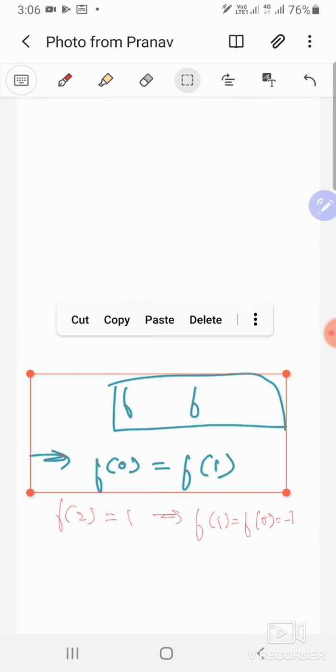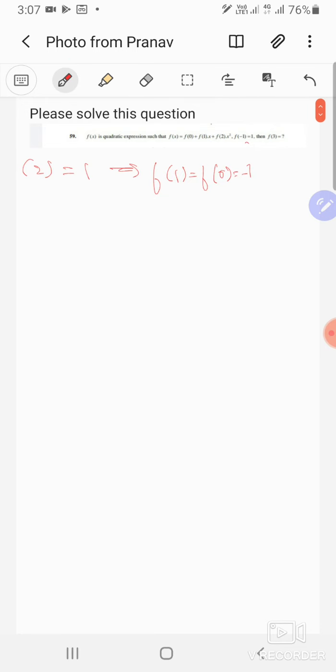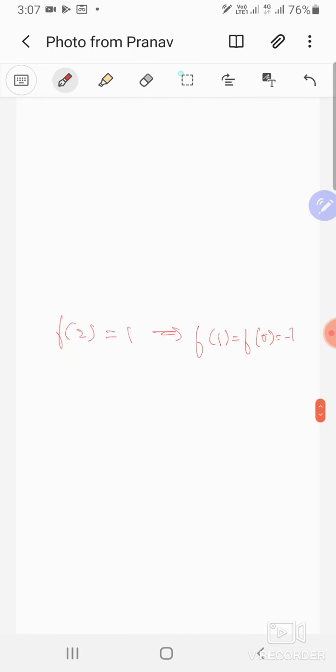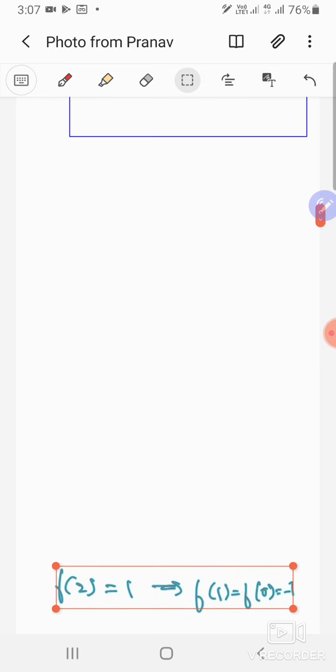I'll just erase all the other useless stuff. This is the only important piece of information which we need. We got f of 2 equals 1, and f of 1 is equal to f of 0, which equals minus 1.